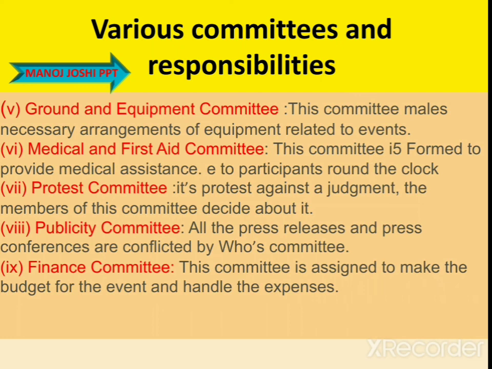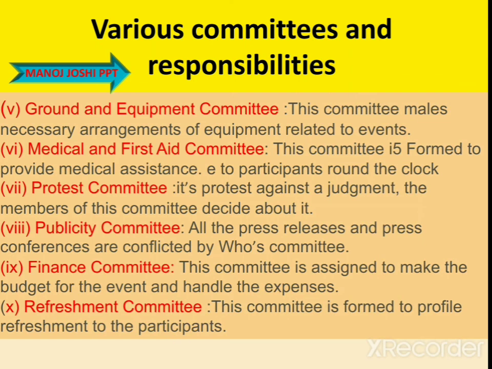This committee is assigned to make the budget for the event and handle the expenses. Refreshment committee. This committee is formed to provide refreshment to the participants: when they will provide it, how they will provide it, and what they will provide. Everything is their work. So these are the different committees and their responsibilities.